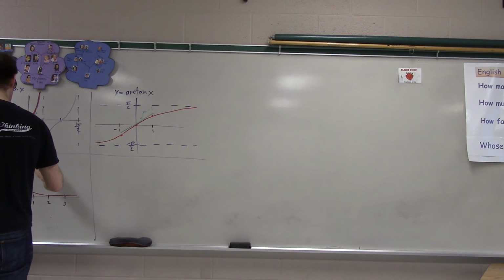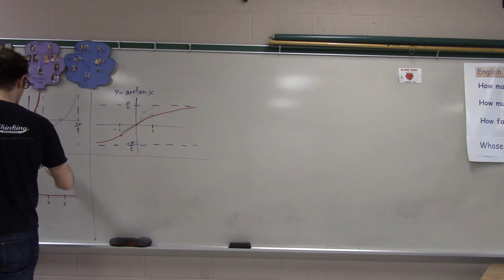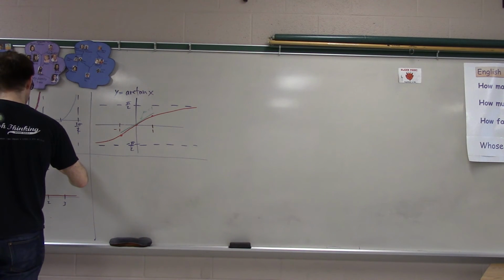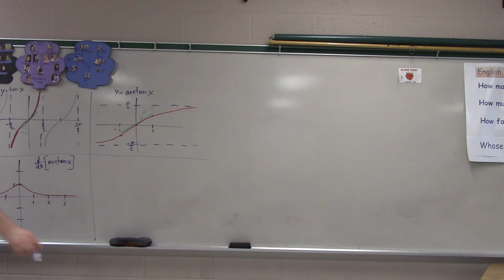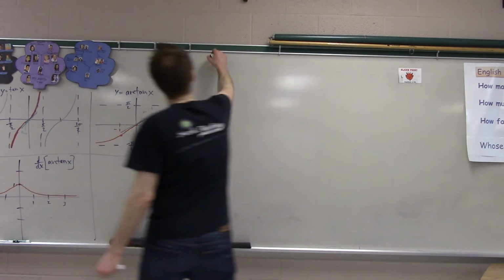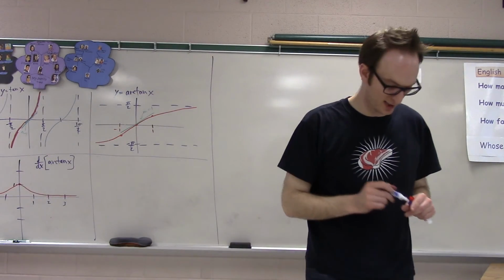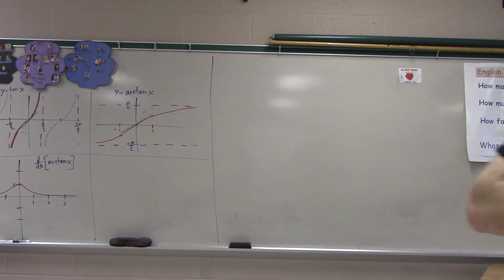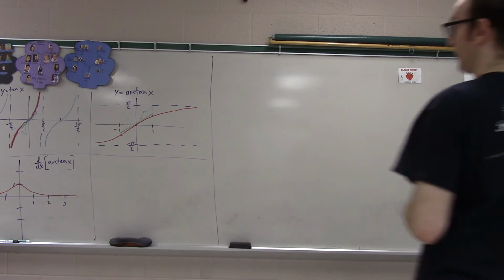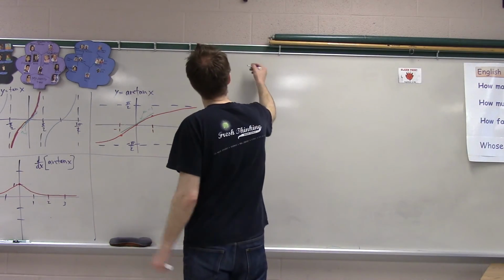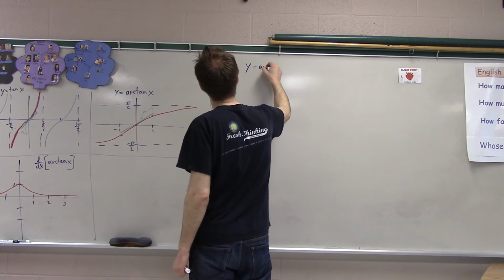Now that we are pumped, and we know everything there is to know about the arctan function, including its domain, range, where it comes from, what it means, I think we're ready to differentiate it. So how? Well, we're going to do it in a roundabout manner.